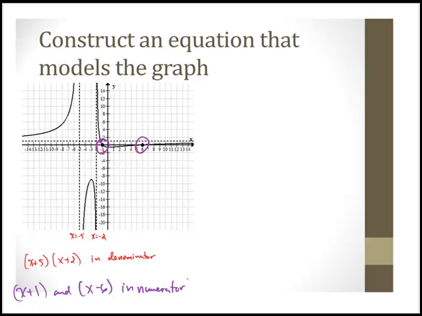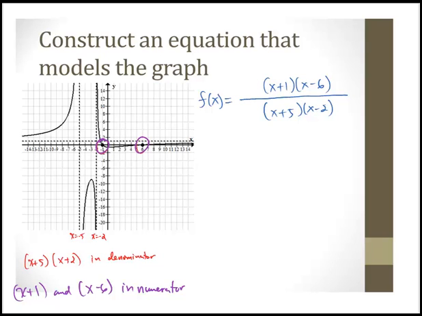So here's where I'm going to start. f of x equals x plus 1 times x minus 6 in the numerator, x plus 5 times x plus 2 in the denominator.